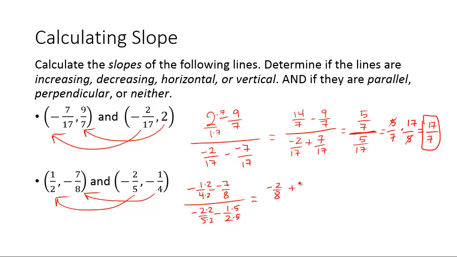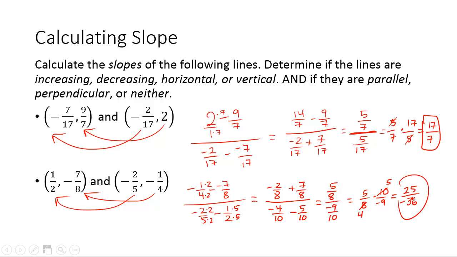Two negatives make a positive 7/8 over negative 4/10 minus 5/10, giving you 5/8 over negative 9/10, and multiply by the reciprocal and simplify. So you've got 8 and 10 simplify to be 4 and 5. You're left with 25 over negative 36. And those don't simplify.